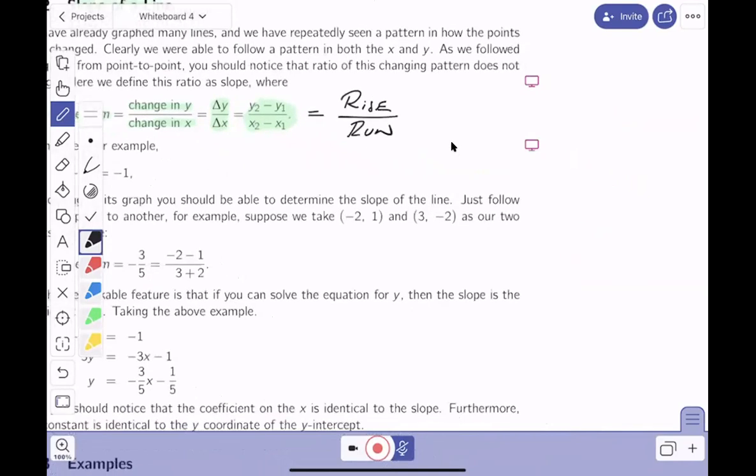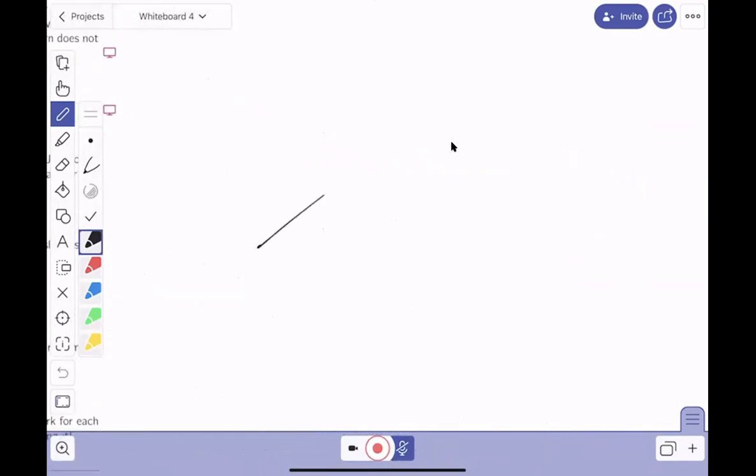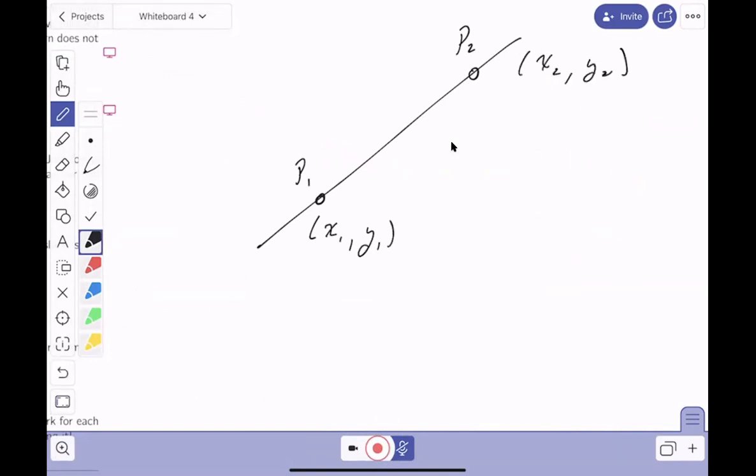I'm going to draw a little picture. I'm going to put points in the picture. I'm going to call this P1 and this P2. This is x1, y1. This is x2, y2. What I want to do is just talk about a run and a rise, and I'll emphasize what we mean by this.